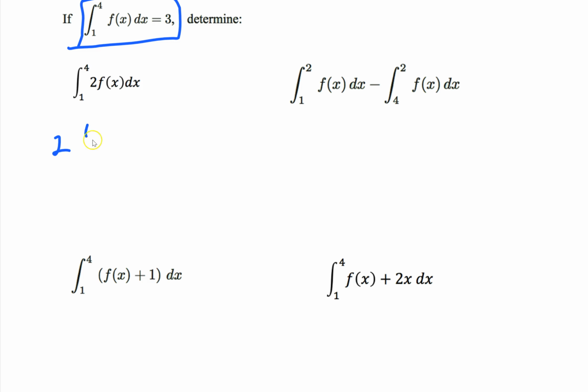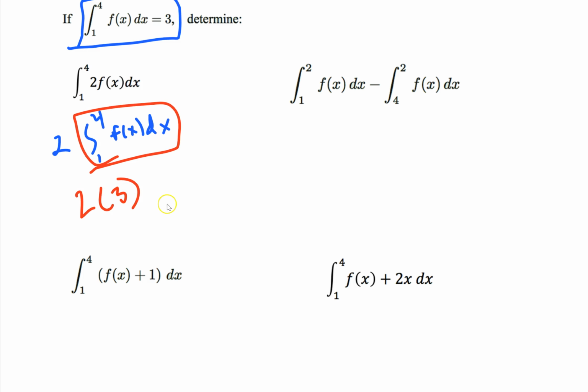So it's 2 times the integral 1 to 4 of f of x dx. Well, this I know. They told me. When you see this, it's 3. So this is just 2 times 3, so 6. That's all that one is. You pull the 2 out, and it's the thing they gave me. That's 3. So 2 times 3 is 6.